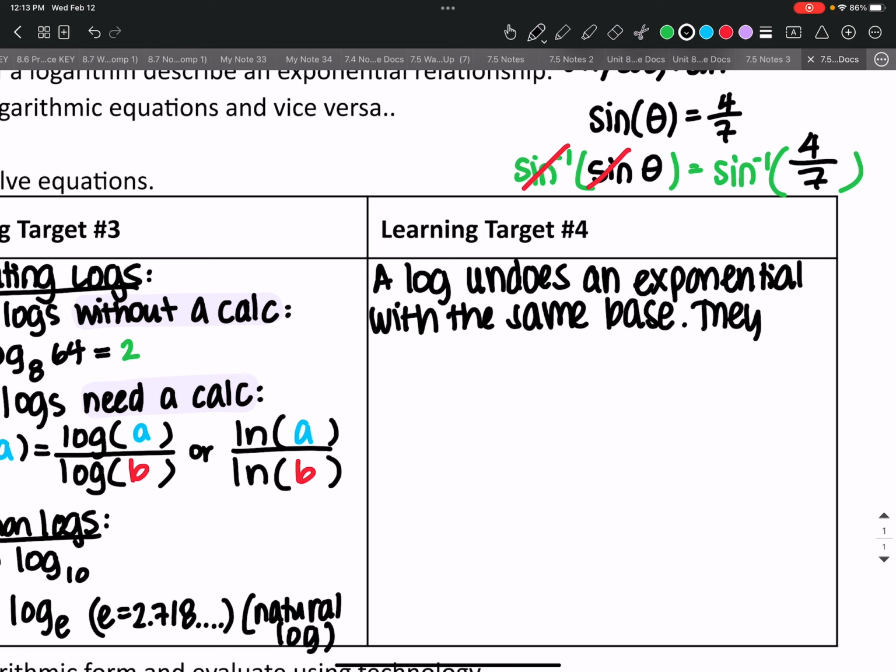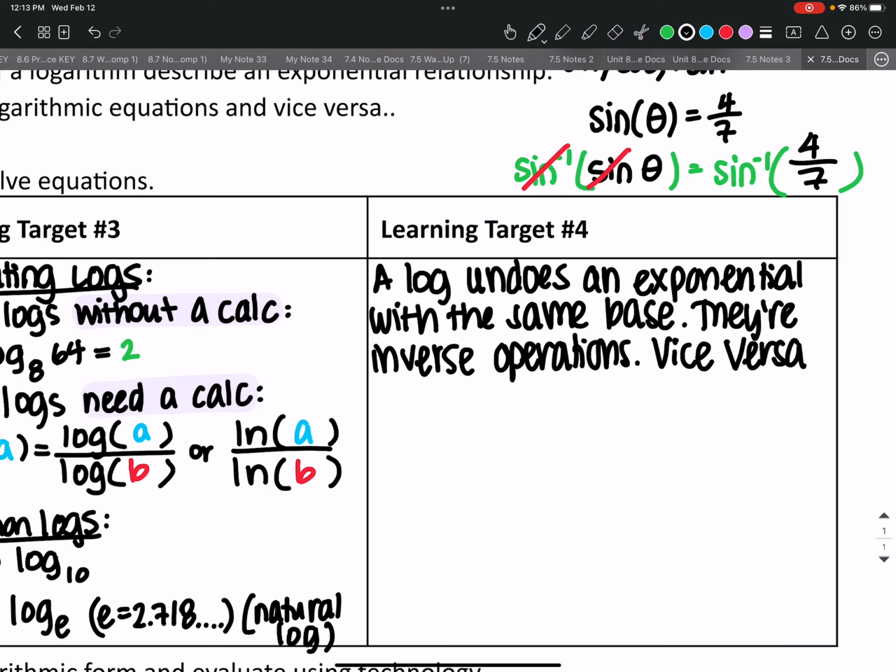They're inverse operations. And vice versa. You can undo an exponential with a log, or a log with an exponential.